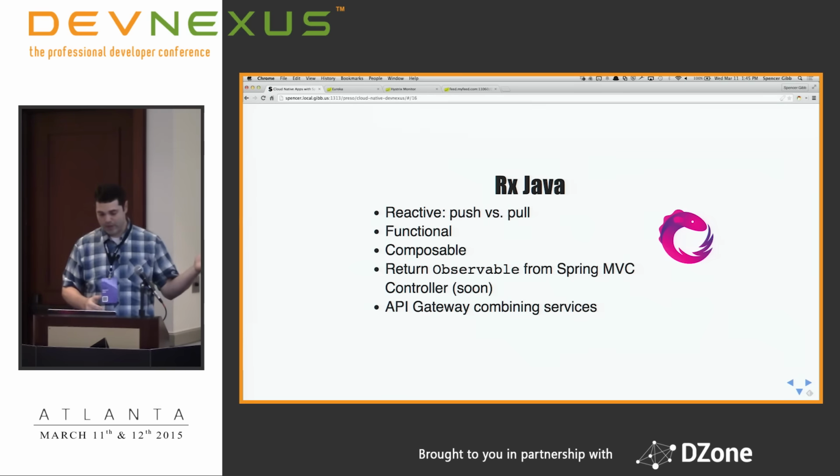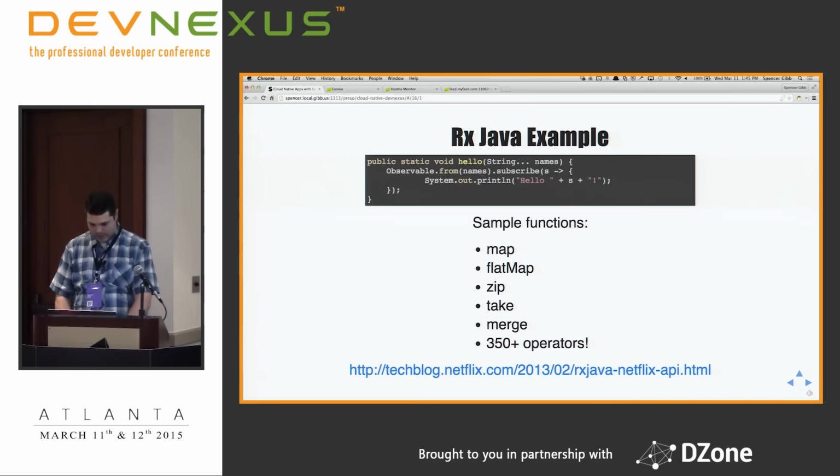So in this, our UI is going to make different calls to some of these different services. Let me show you. So here's just a simple example. We're just creating an observable from a list and subscribing to that observable and just simply printing out the names.